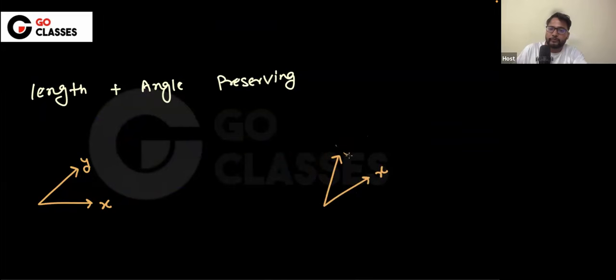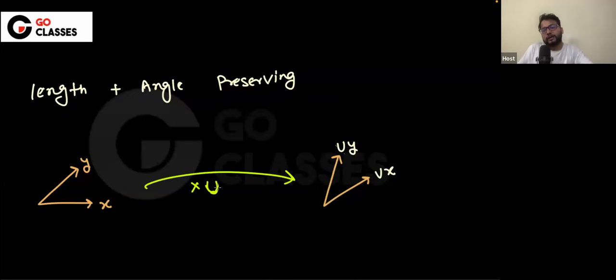So what u is doing to any set of vectors, I'm currently taking two, is basically saying that I will just rotate the whole thing. I will not change the angle, I will not change the length, so I will just rotate the whole frame, that's all.